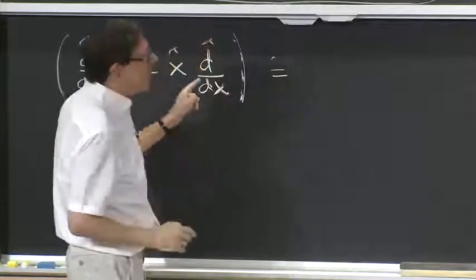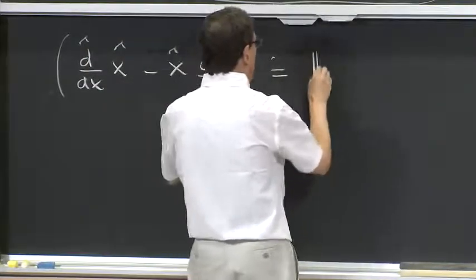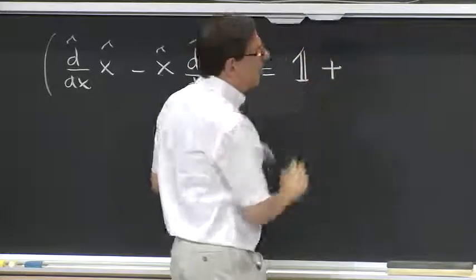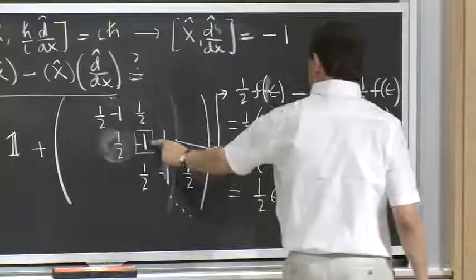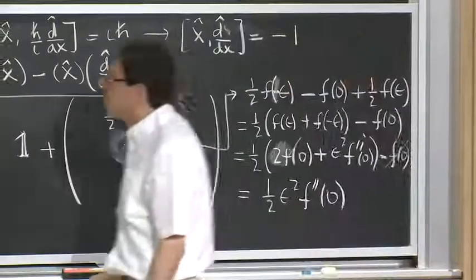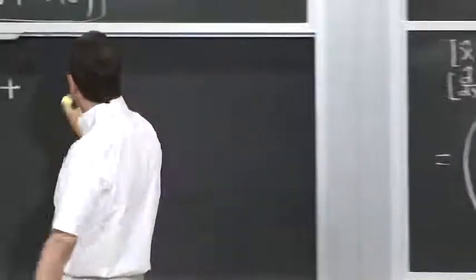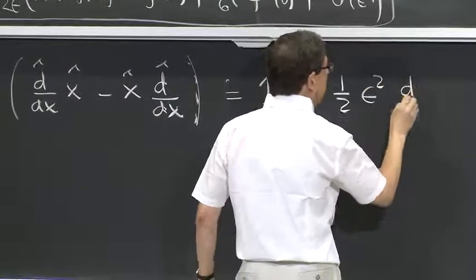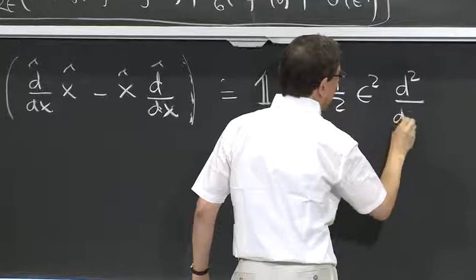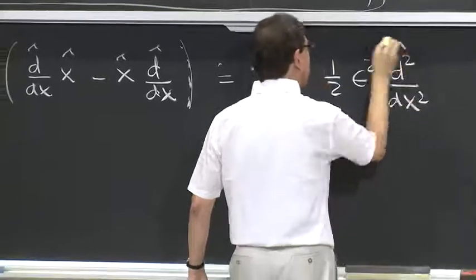This really has become 1 plus 1/2 epsilon squared d second dx squared.